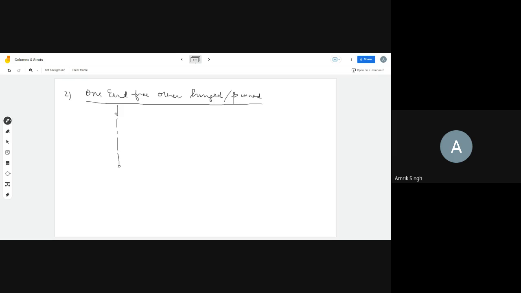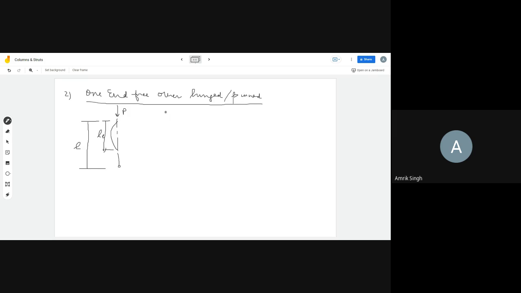So when we apply the load P, okay, it will be buckling like this. Okay. So this is the length of the column L, and this length is the equivalent length, LE.